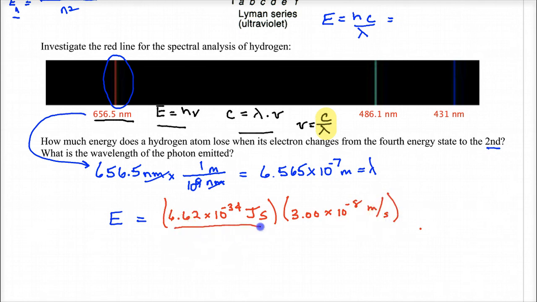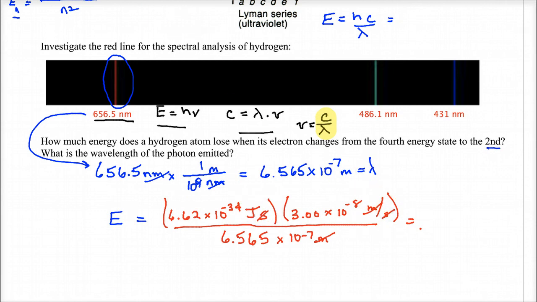And then, of course, that's all over my wavelength, 6.565 times 10 to the negative 7 meters. If you look at the units, make sure they cancel. You notice that my meter will cancel, and of course my second cancels here and I'm left with joules.